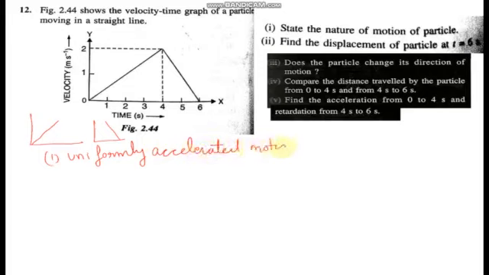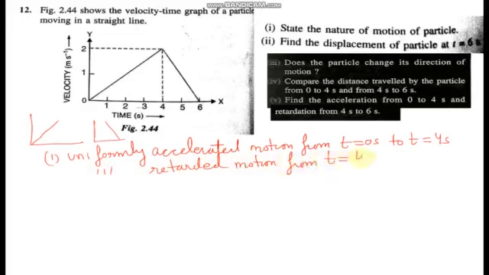The motion is uniformly accelerated from t is equal to 0 seconds to time is equal to 4 seconds. इतने टाइम के लिए मोशन क्या है? यूनिफॉर्मली एक्सलरेटेड, and it is uniformly retarded motion from time 4 seconds to time 6 seconds. यहाँ से यहाँ तक क्या है? रिटार्डेशन. It is uniformly retarded motion. This is uniformly accelerated motion.